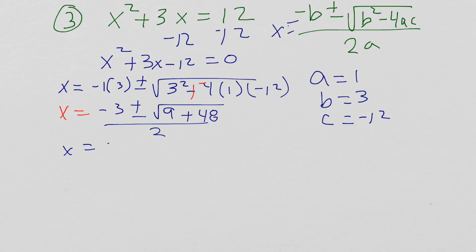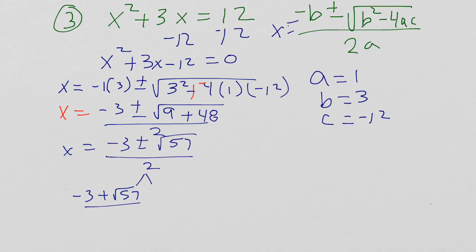X equals negative 3 plus or minus the square root of 57 divided by 2. We're going to break that down into negative 3 plus the square root of 57 divided by 2, and negative 3 minus the square root of 57 divided by 2.